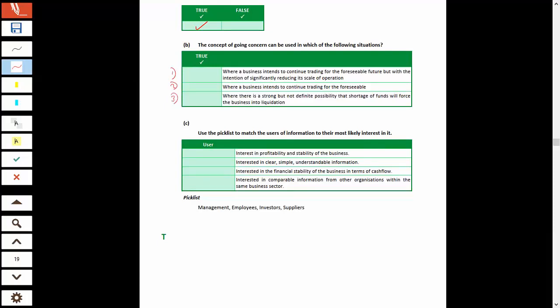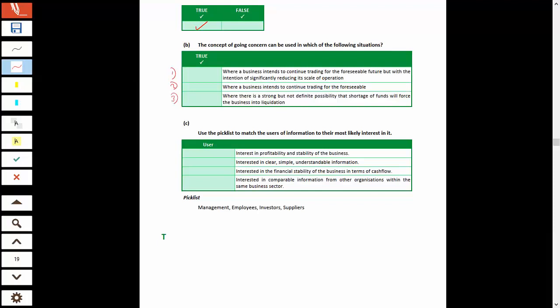So basically what we're going to do is just recall, this goes back to your advanced bookkeeping, where you first get introduced to the accruals concept and the going concern concept. What is it? That's all we're going to do. Recall to yourself what it is and then match it closely with the most relevant description here.